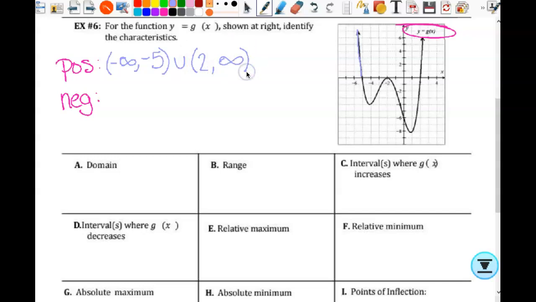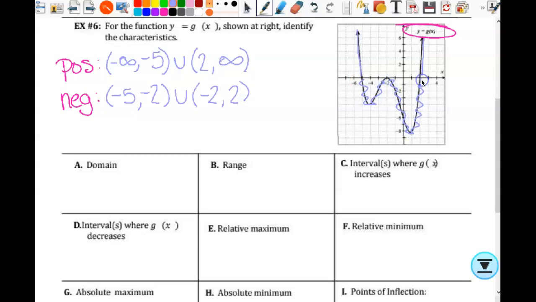Very good. Everybody okay with that? Then it's negative starting where? Negative 5 and going to negative 2. Starting back over at negative 2 and going to 2. So this is negative, this is negative.